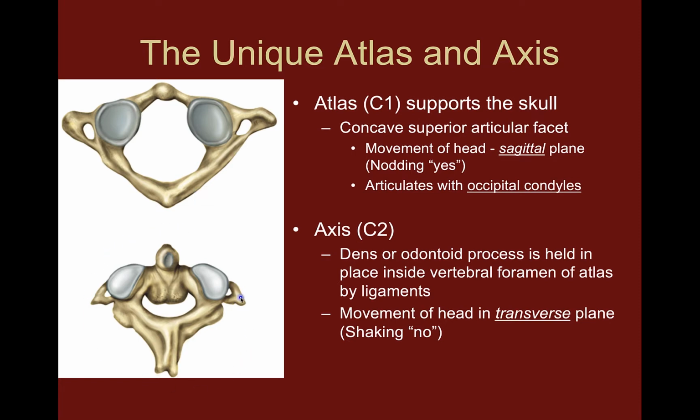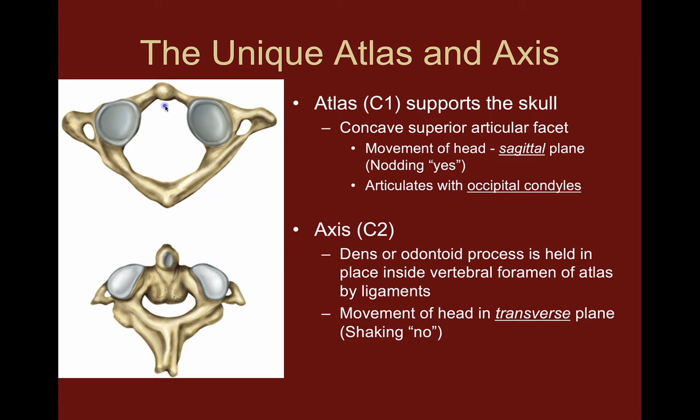Down here at the bottom is our axis. So this is C2. We see a structure right here called the dens, also called the odontoid process. And this fits inside here of this vertebral foramen of the atlas, and this is called the anterior tubercle. And so the dens will sit right in here, just posterior to this tubercle.